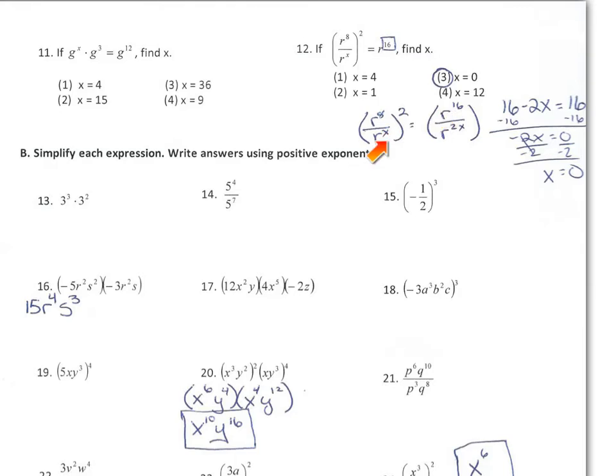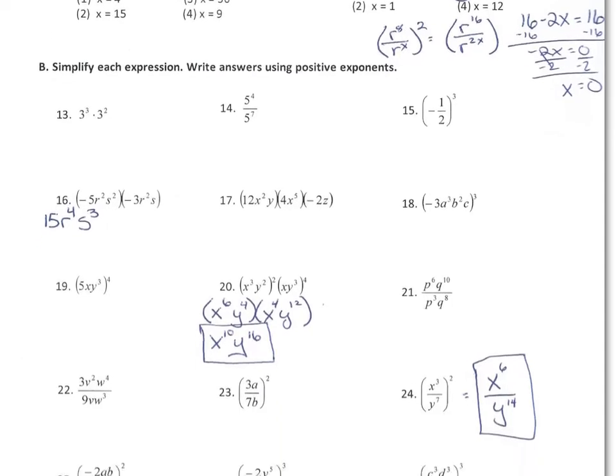I do the same in the denominator. x times 2 is 2x. Now I see I have this division problem. With a division problem with the same base, you subtract exponents. So 16 minus 2x has to equal, in our case, 16. To solve for x, I subtracted the 16. I divided by negative 2, and I get x equals 0, so choice 3.